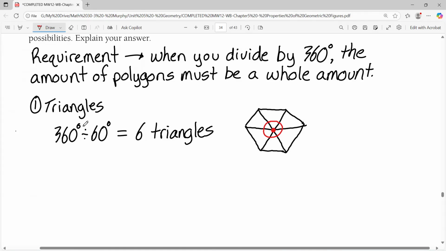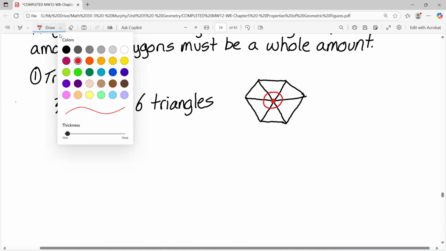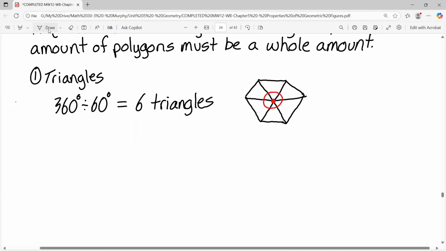Okay. The second one, the easiest tiling is squares.